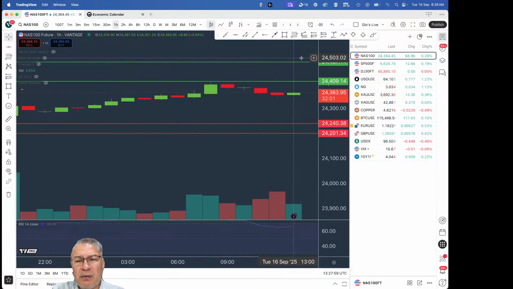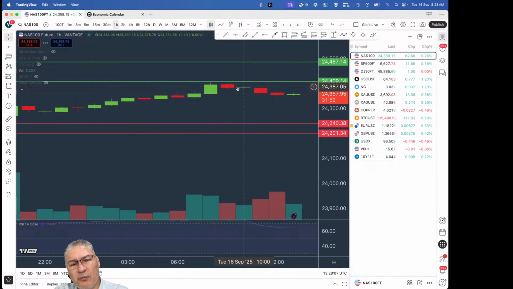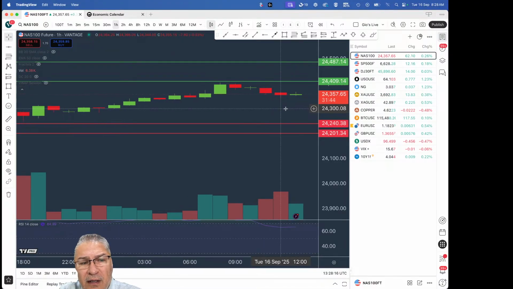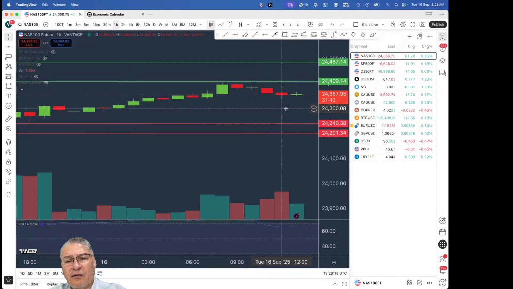So can we contemplate that by the end of the day, we could most likely be hitting 24,500? We can contemplate that, speculate that. Now, what are the chances for this to decline and hit lower? Well, it could. The market is open, and we could start seeing a sell-off, profit taking. But I'm going to speculate that the momentum spilling into the US Open will remain positive to the upside.